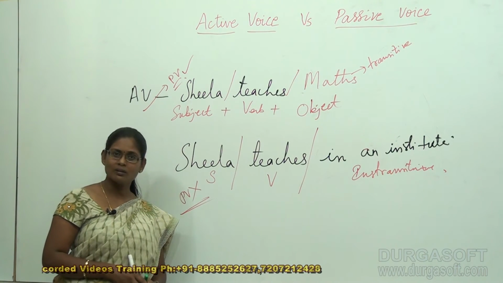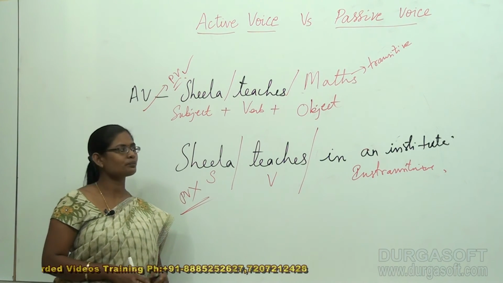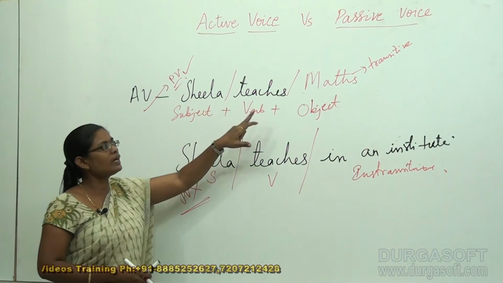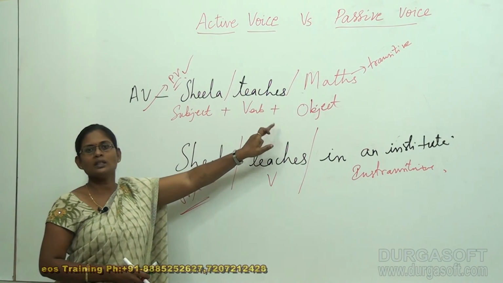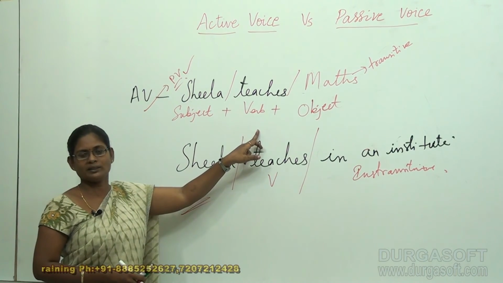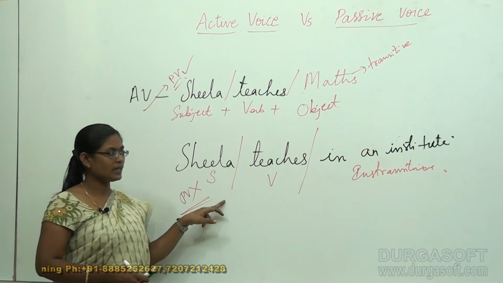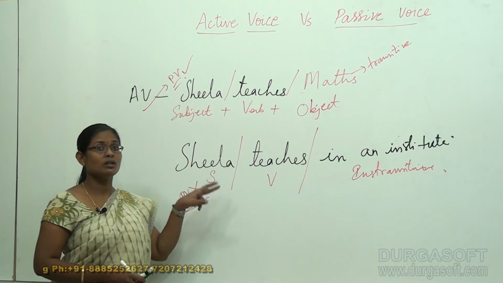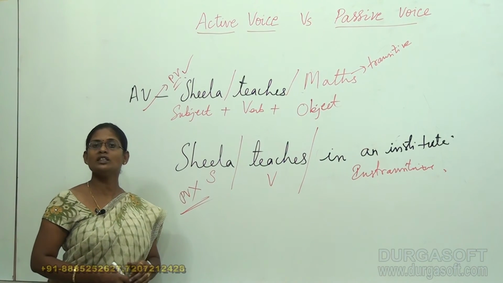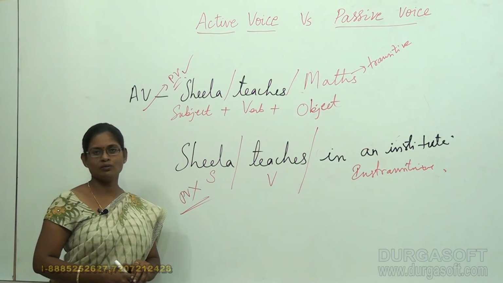Can you eat food? We cannot eat. In the same manner, to convert an active voice into passive voice, we should have the object. Object is the foremost important thing for us to convert an active voice into passive voice. But a transitive sentence in which the object is absent cannot be converted into passive voice.